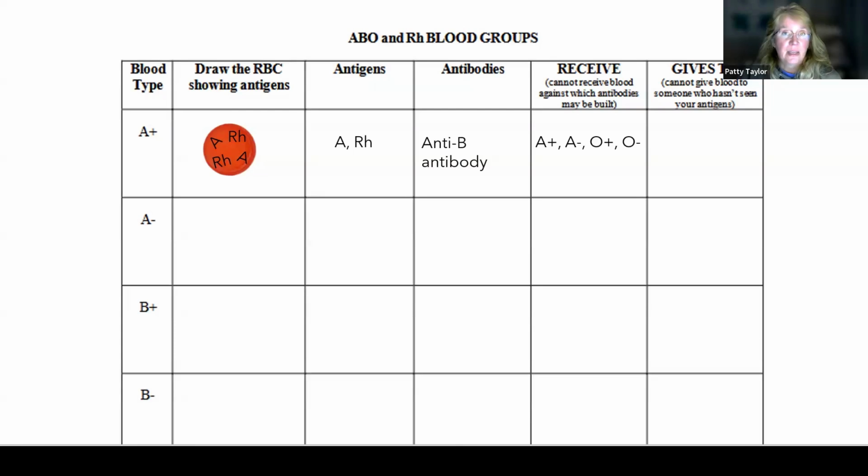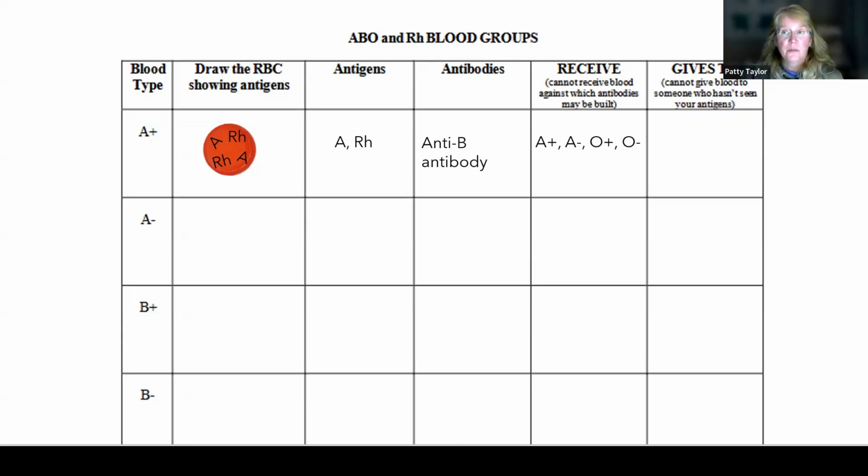Sometimes on quizzes and tests, you may be asked to identify whose blood you can give to. So let's say that you walk into the Red Cross and you say, hey, I'm here to donate blood. I'm A positive. I'm just curious who can receive my blood in a transfusion. So keep in mind, we're giving this blood away. We want to know who those recipients might be.